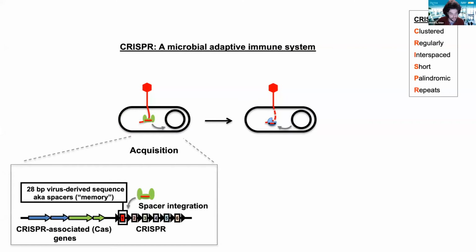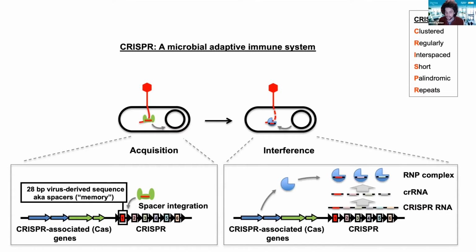And the way that works is that they capture a small piece from the genome of the phage and integrate it into their own genome, into this genetic locus that is called the CRISPR locus. So this is basically a database that contains lots of small sequences from various phages and other mobile genetic elements. And this sequence information is then used later on when another infection takes place in order to defend the cell.